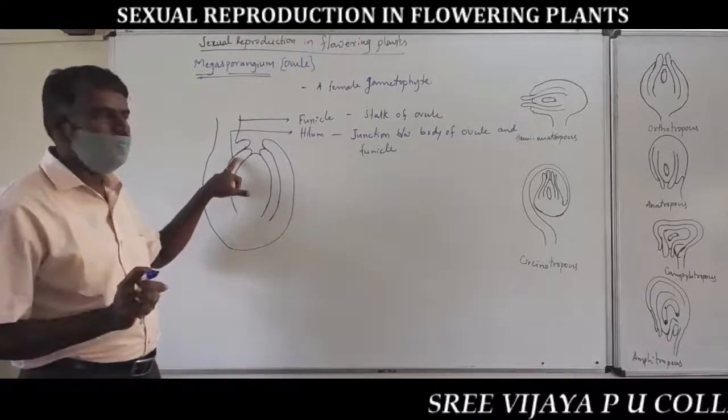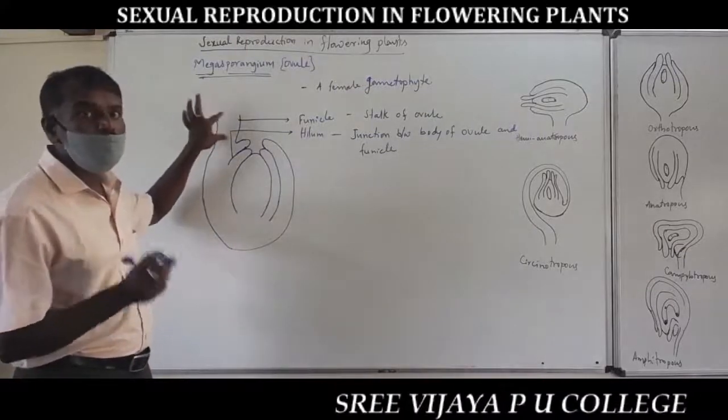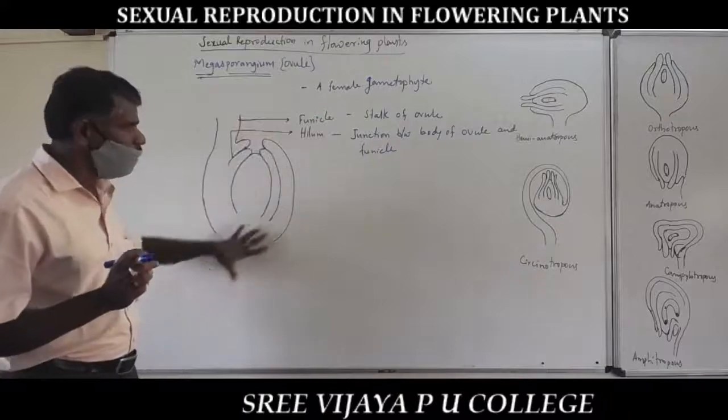Hilum is a point where the funicle, the stalk, is attached to the ovule.